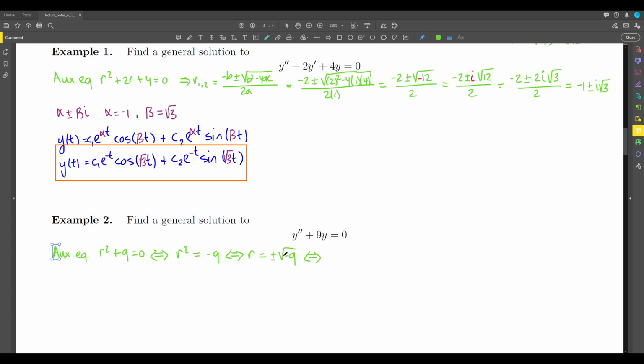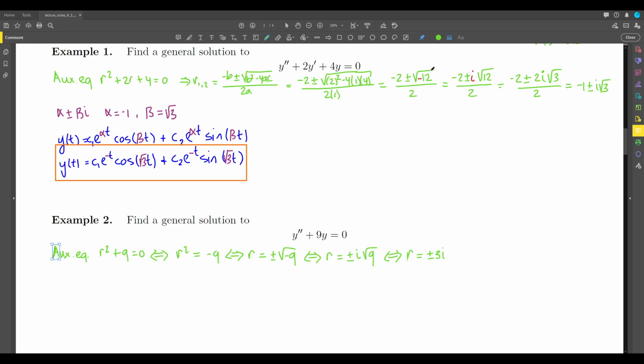And now we can pull that negative outside and we get i, so r equals plus or minus i times square root of 9. And then square root of 9 simplifies to 3, so we get that r equals plus or minus 3i.